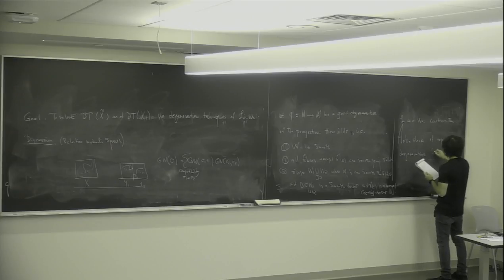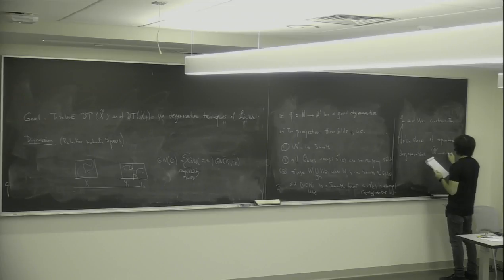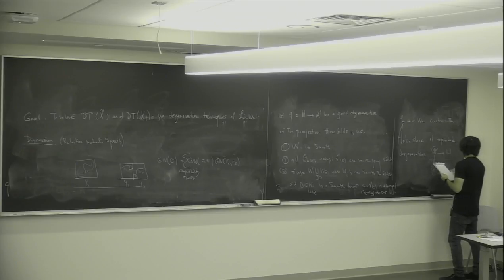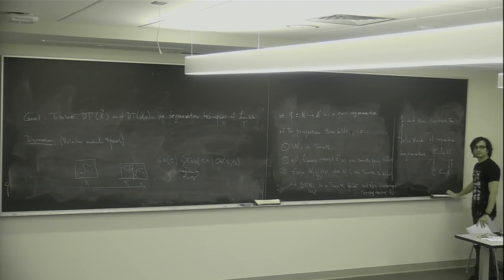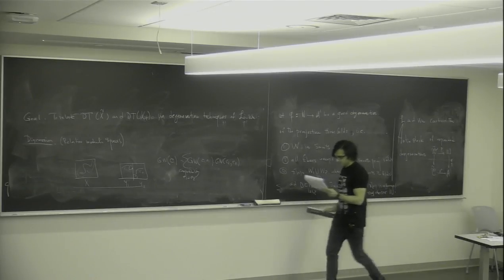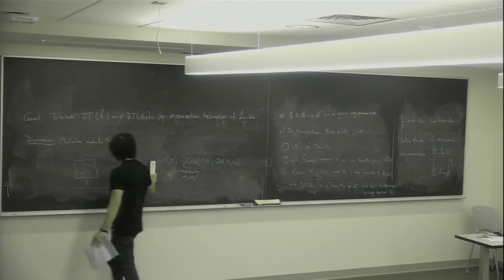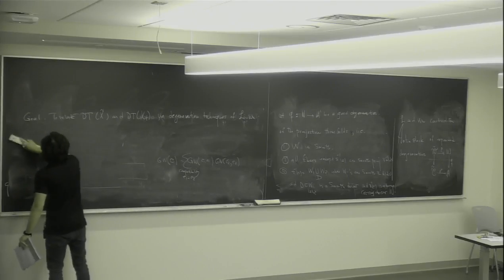So maybe I use a curly W goes to W, curly C goes to A1, and this is the map Q, P, and map R. So what is this Artin stack of expanded degenerations?